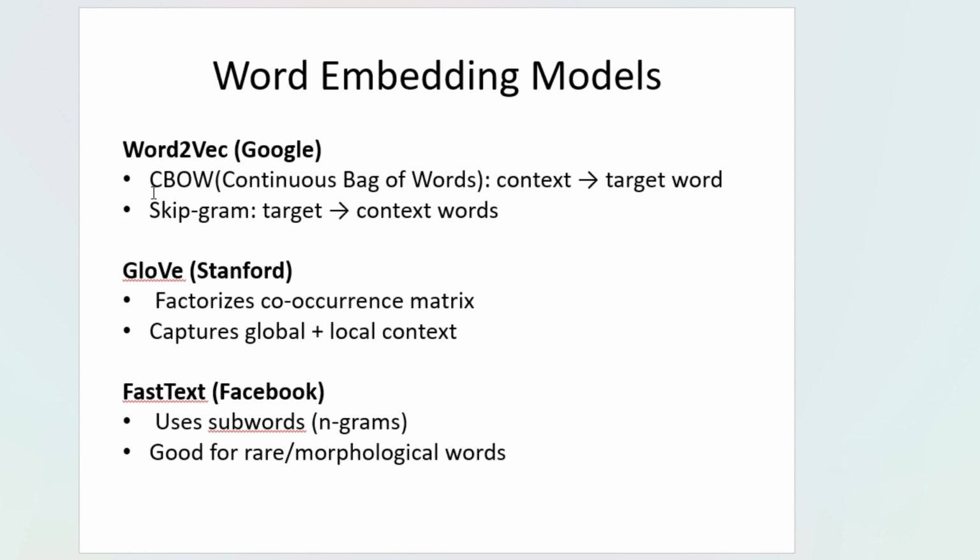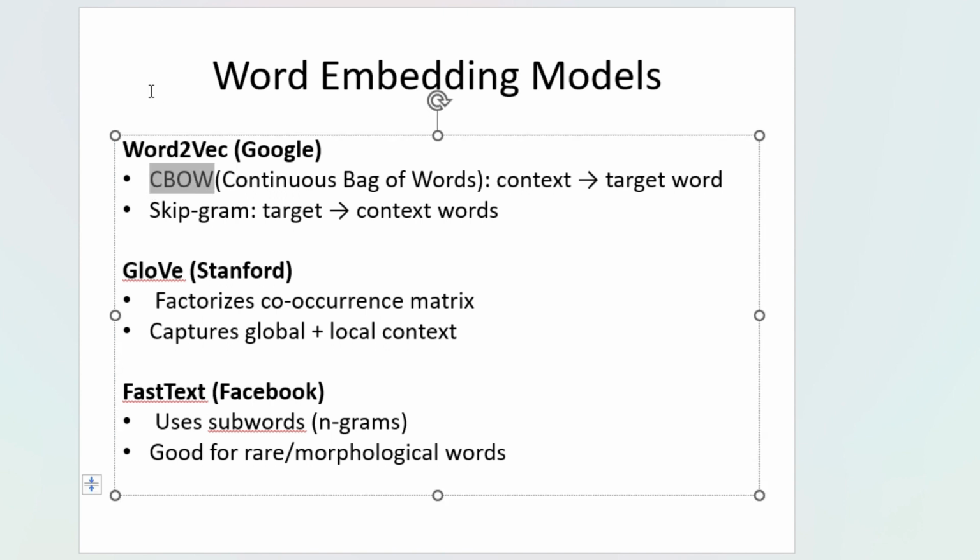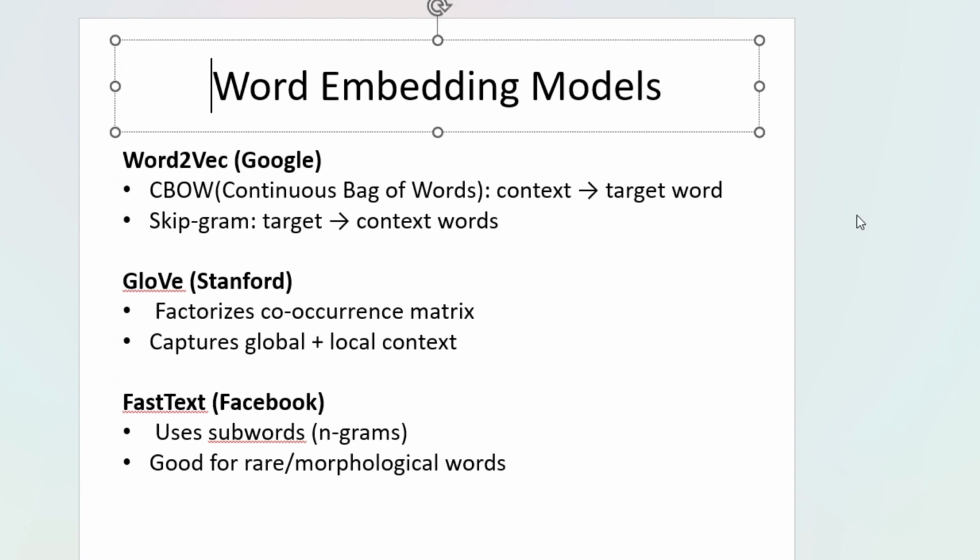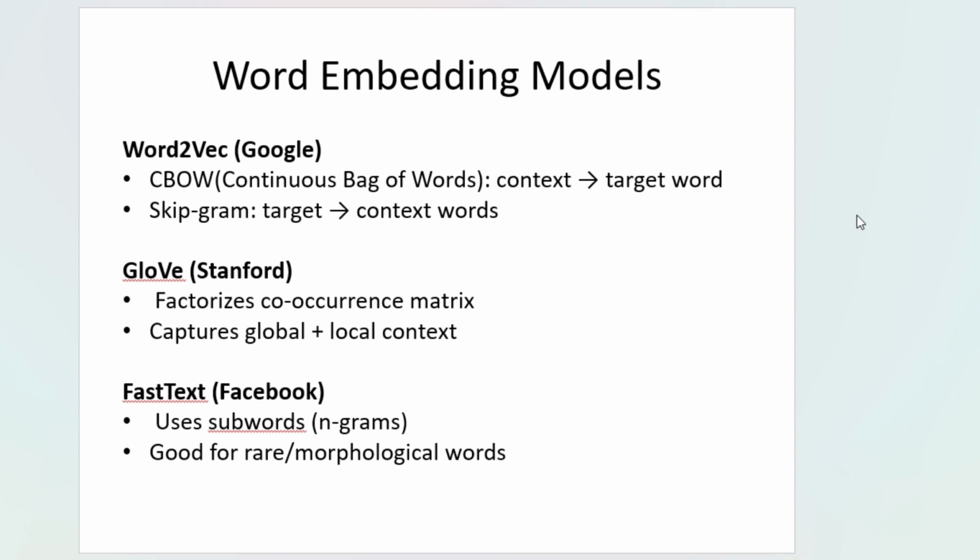CBOW is nothing but continuous bag of words. You have the context and it will generate the target word. Suppose I say the dash sat on the table. It can generate the cat sat on the table, so it can predict the target word.